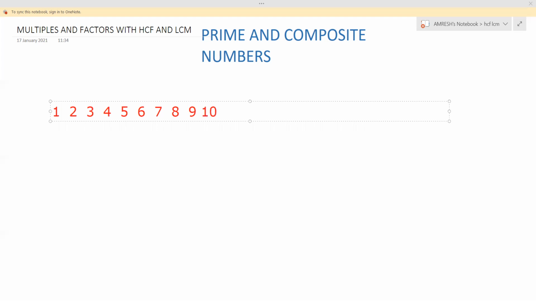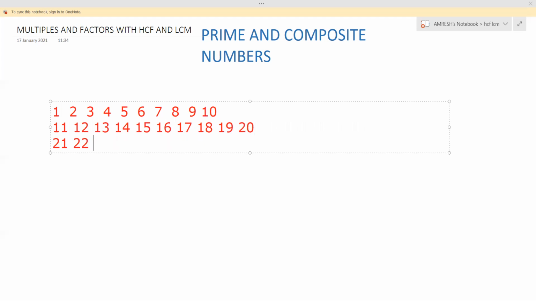First, you write numbers from 1 to 30. Okay, I have written all the numbers from 1 to 30.